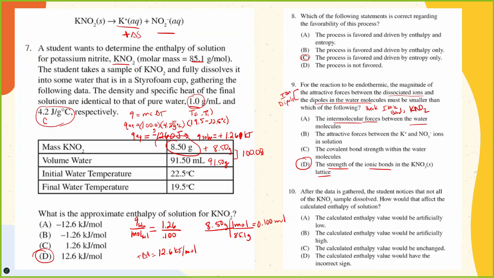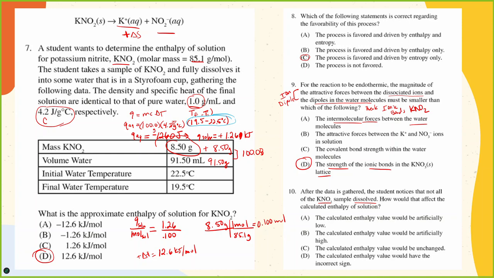After data is gathered, the student notices that not all of the sample has been dissolved. So not all of it actually dissolved. How would that affect the calculated enthalpy of solution? So basically what's going to happen here is if it doesn't all dissolve, we're really affecting this particular measurement right here, because in order to separate the K from the NO2, it has to draw energy in from the surroundings.